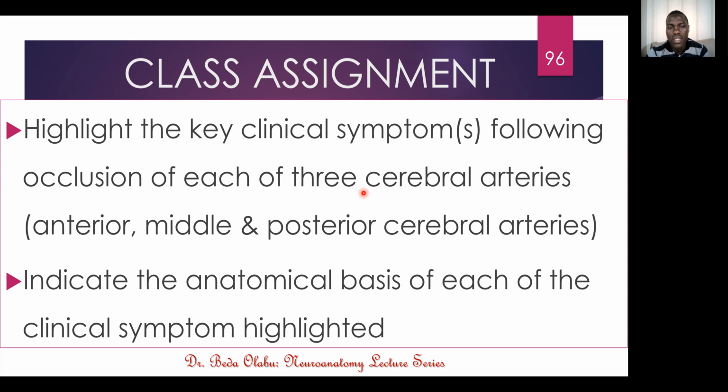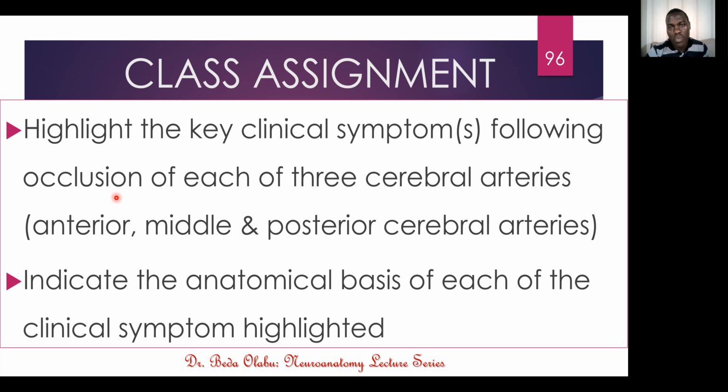You are going to get clinical symptoms which are due to occlusion of each of those arteries. So if you occlude anterior cerebral artery, you get what we call anterior cerebral syndrome. If you occlude middle cerebral artery, you get middle cerebral syndrome. If you occlude posterior cerebral artery, you get posterior cerebral syndrome. So you'll get the clinical symptoms associated with their occlusion.